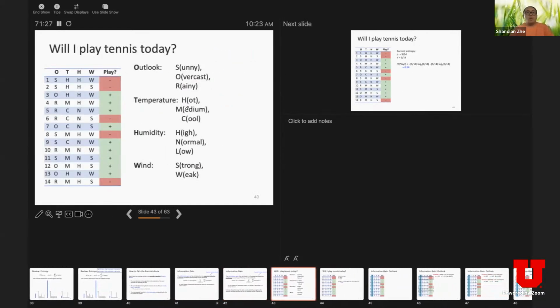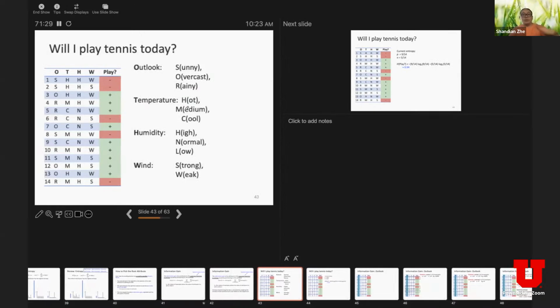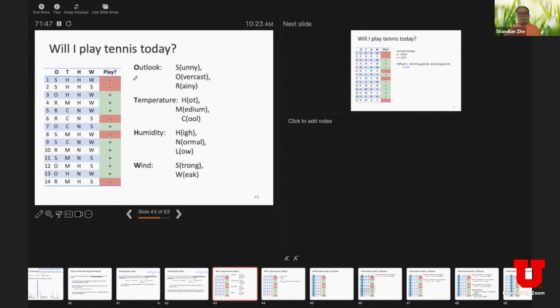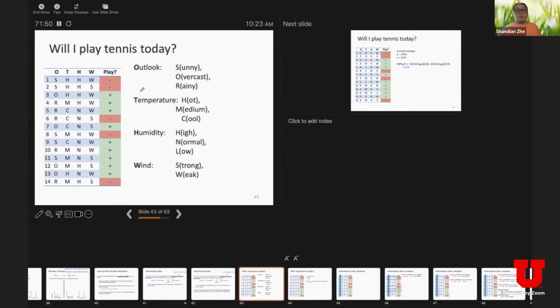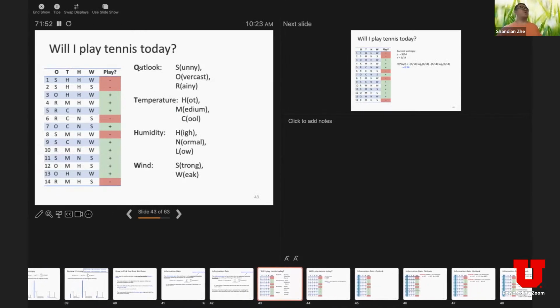So now we want to use this example to show how we apply the information gain to rank those attributes and select them to construct our tree. We'll go back to this data set. We got 14 examples. So at the beginning, we need to choose from these 4 attributes which one is best to split the data set.